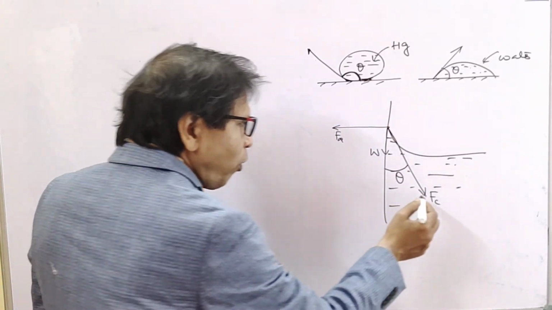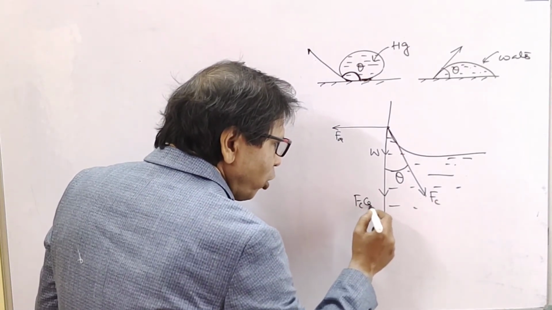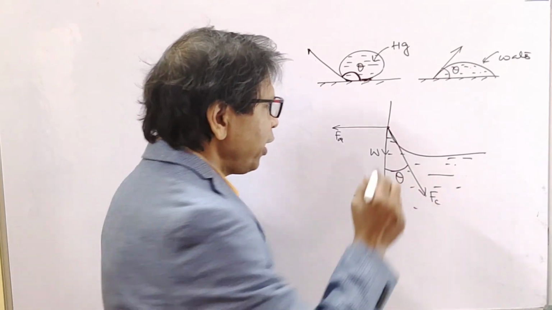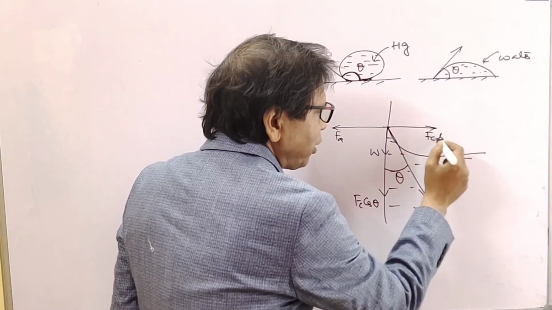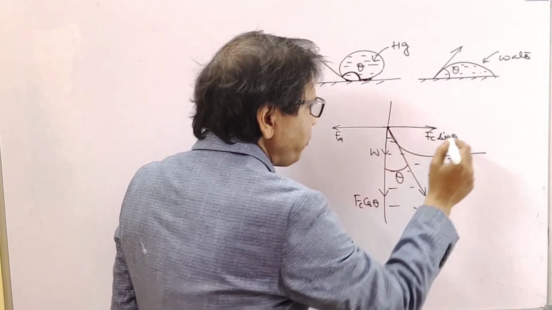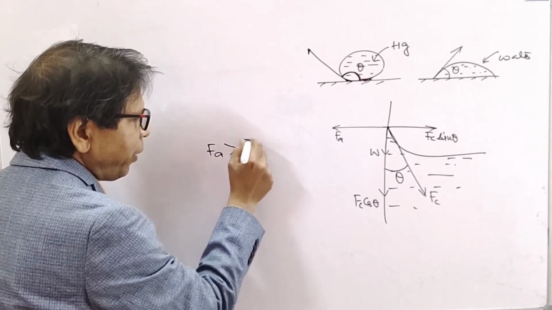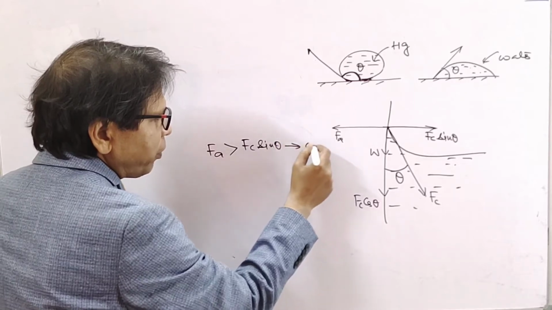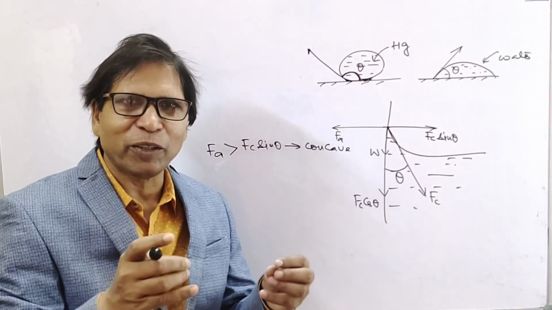Now what is the component of Fc along this direction? This is Fc cos theta. Now what is the component along this direction? Look at this. This is Fc sin theta. If the adhesive force Fa is greater than Fc sin theta, then the meniscus is concave, just like the water meniscus in a narrow glass tube.